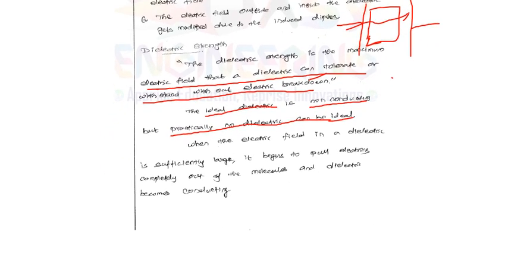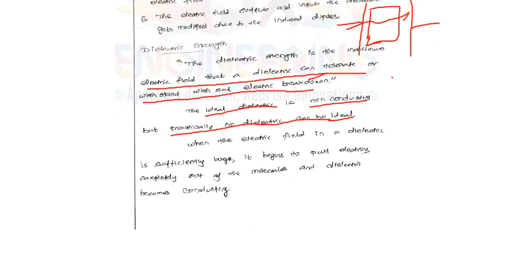When the electric field is sufficiently large, it begins to pull the electrons completely out of the molecules, even if it is an insulating material. When it is maximum, a breakdown occurs, and that is called dielectric breakdown. That we can discuss in another class.